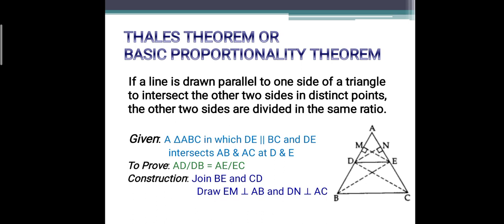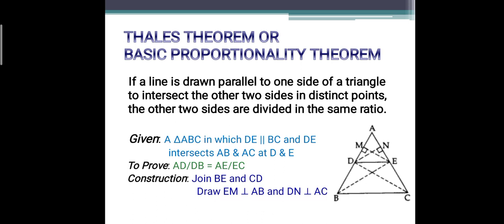So, what we are given is a triangle ABC in which DE is parallel to BC and DE intersects AB and AC at D and E. Now we have to prove AD upon DB equals AE upon EC.